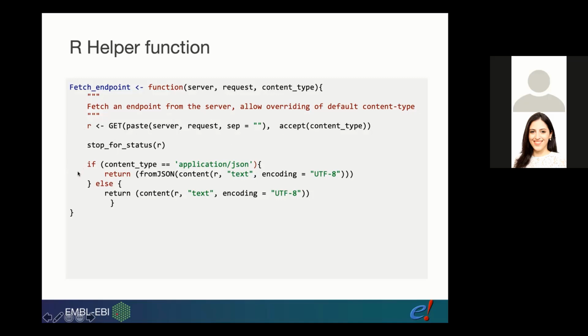And then we're deciding what output format we want to print depending on the requested content type. So if the requested content type was application JSON, then we want to return JSON, and otherwise we're returning the response as text.